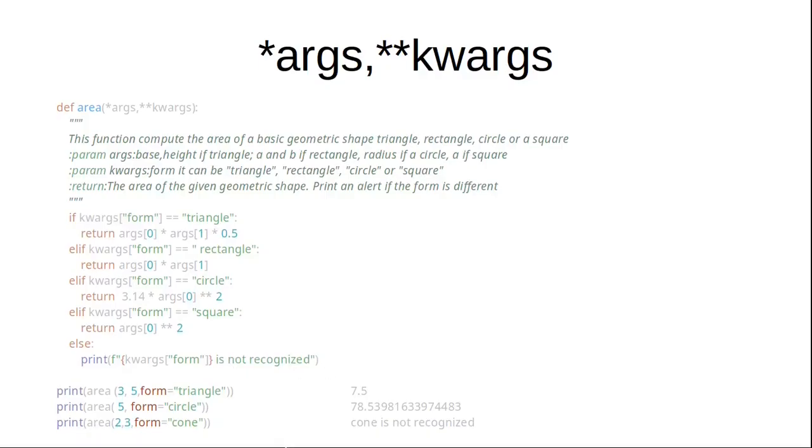I will call the area function with three different arguments. First one, print area with parameters 3 and 5 and keyword argument form triangle, and it returns 7.5. In the second example, print area with parameter 5 and keyword argument form circle.